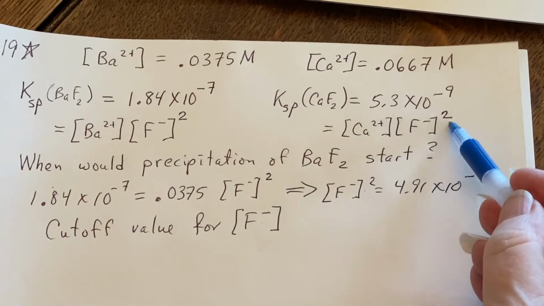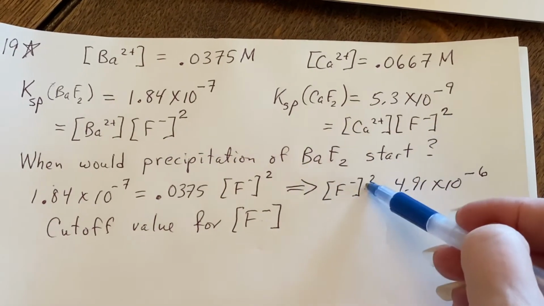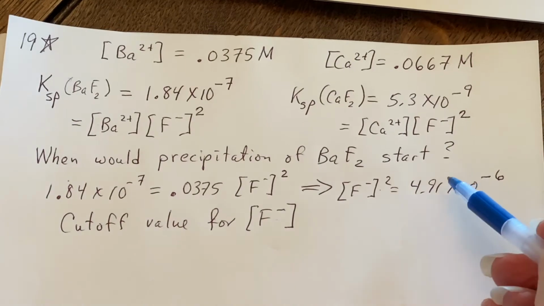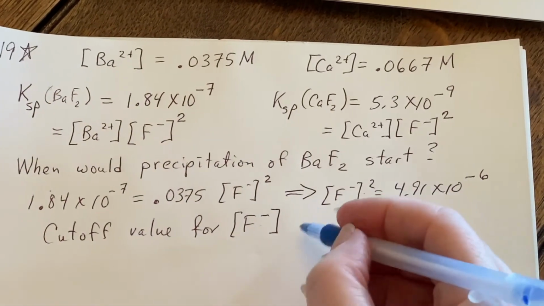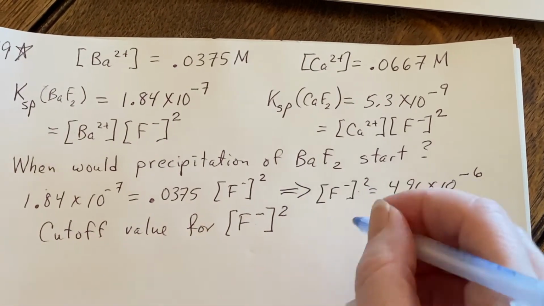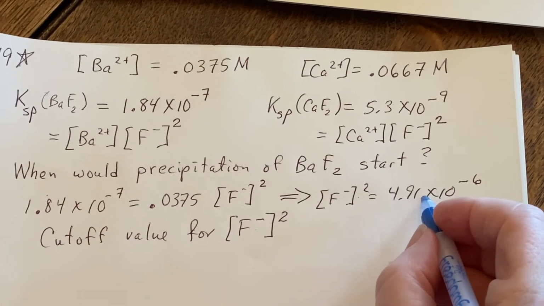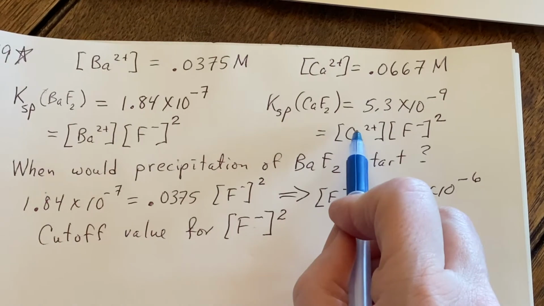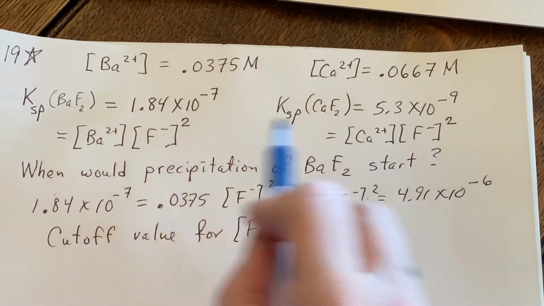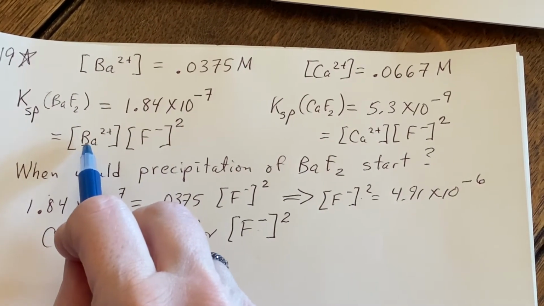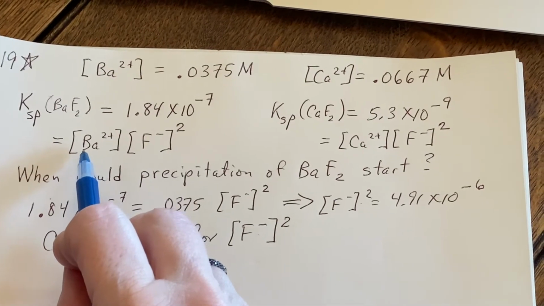I'm just saying, since they match exactly, I'll just stay with this. But it gives me a cutoff value for this. I don't want to go above this because if I do, not only will I precipitate this, I will start precipitating this, and then I'll be getting them mixed together again, and I don't want that.